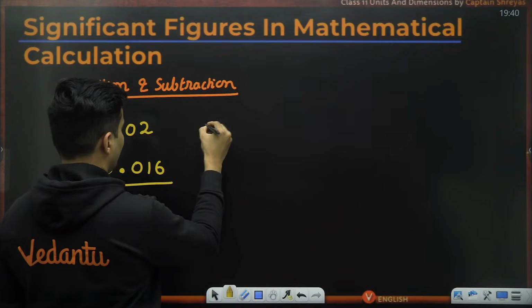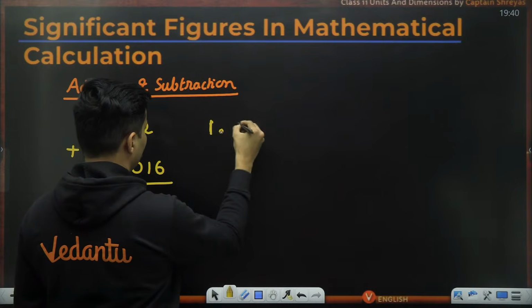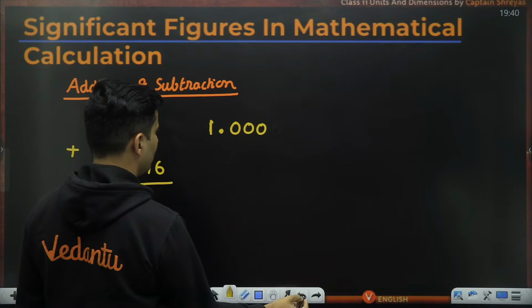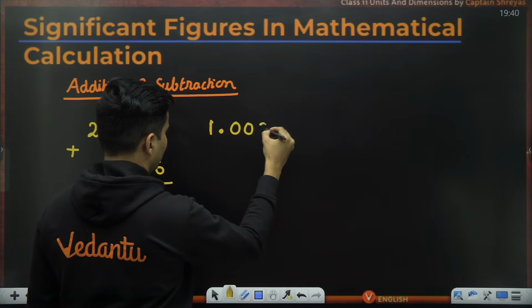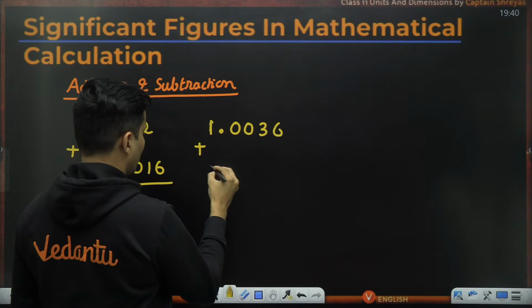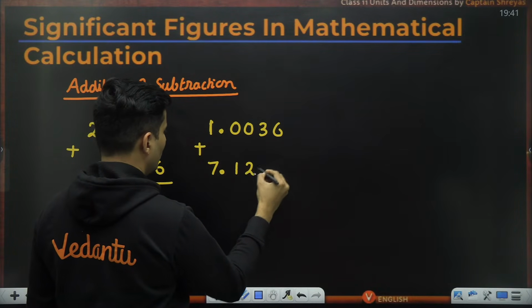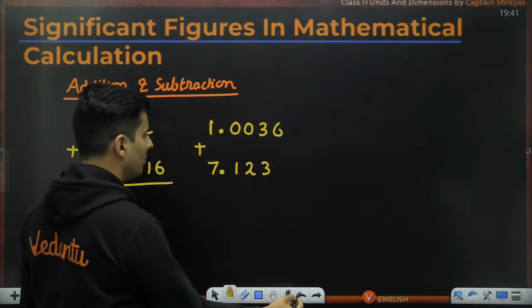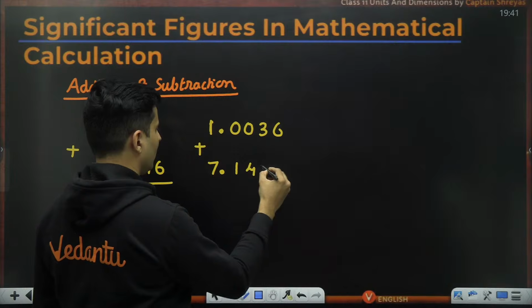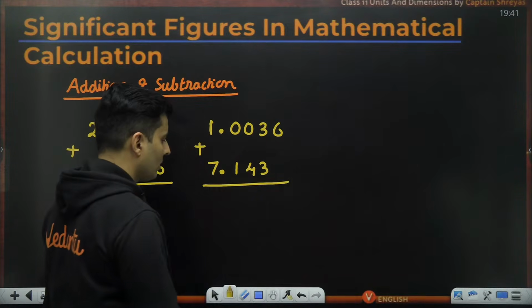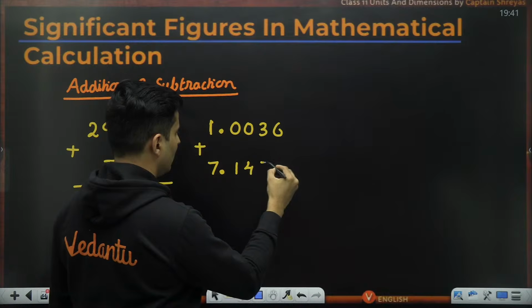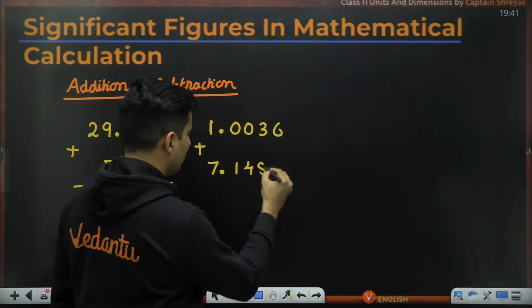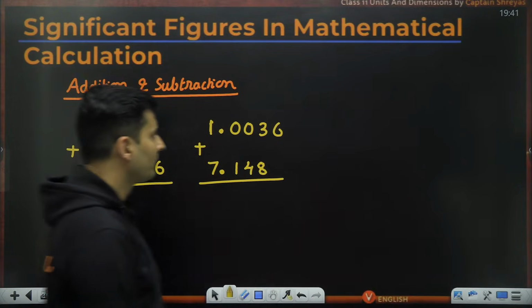Or let's say 1.0006 plus 1.0036 plus 7.1234, or some random example, maybe 1.0036 plus 7.148. Just something I've taken. Then what will you do?